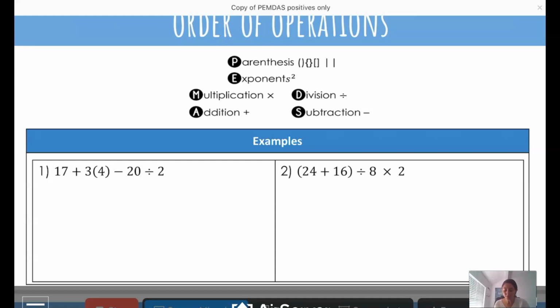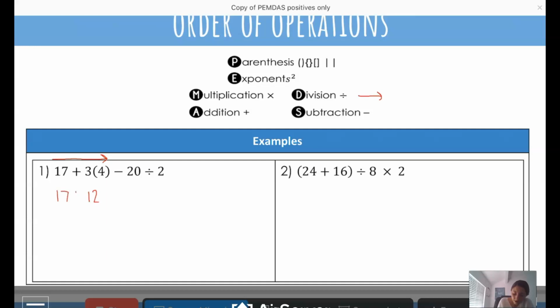There is both multiplication and division in this problem, and remember that multiplication and division gets done from left to right, so I'm going to start with the operation that appears first in my problem. So if I'm going left to right, I hit the 3 times 4 first. So I'm going to do 3 times 4, which is 12.